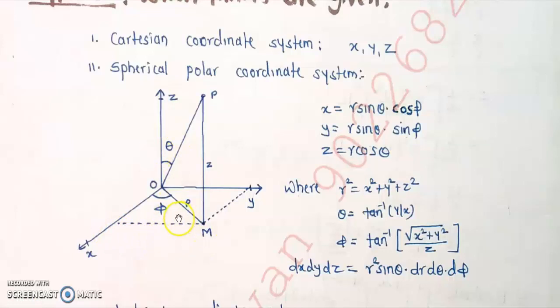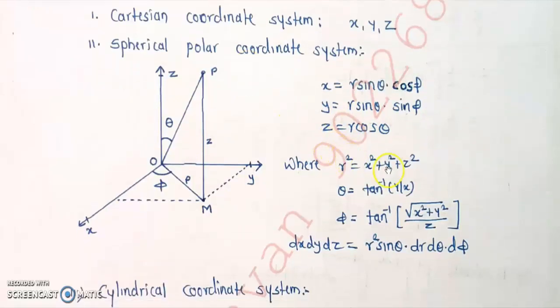With these substitutions we have x as r sin theta cos phi, y as r sin theta sin phi and z as r cos theta for spherical polar coordinates, where r square is x square plus y square plus z square, theta is tan inverse of y by x and phi is tan inverse of root x square plus y square upon z. Whereas dx dy dz will be replaced by r square sin theta dr d theta d phi while converting the given Cartesian into the spherical polar coordinate system.